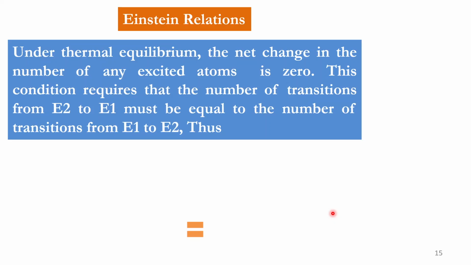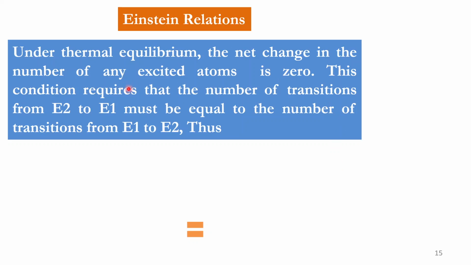Now we are going to obtain the Einstein relations. Under thermal equilibrium, the net change in the number of excited atoms is 0. That means the number of atoms going from the lower energy level to the higher energy level must be equal to the number of atoms going from the higher energy level to the lower energy level.